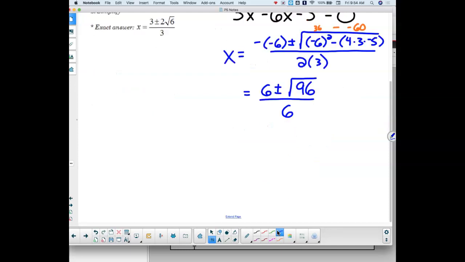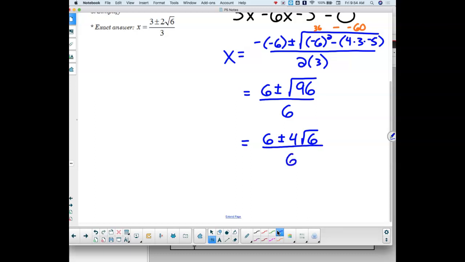Okay, love it. 96 is 16 times 6. Just trust me on this one. We're running short on the time. Plus minus 4 times the square root of 6 all over 6.